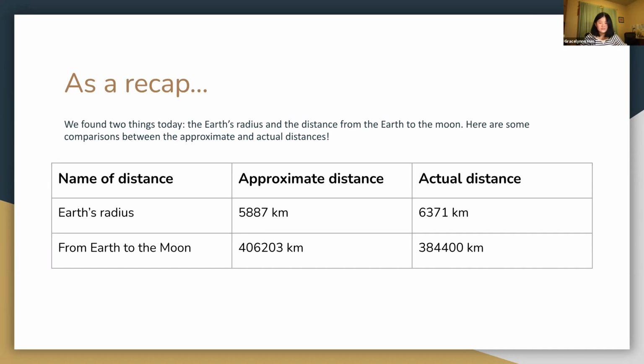Again, all of these measurements are a bit off just because, if this is new knowledge for you, the Earth is not fully a sphere, and also the moon is moving slowly away from the Earth because of orbits and things like that.